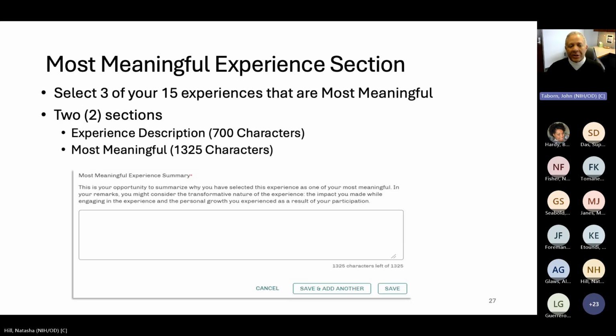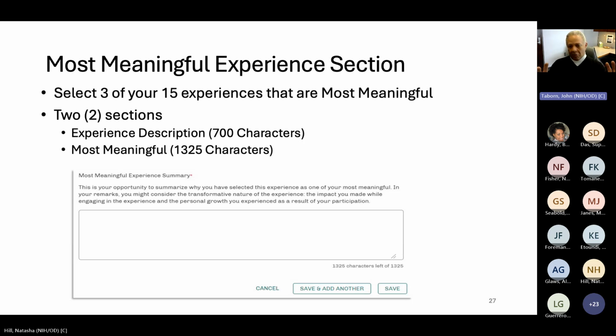That's called experience description. You're basically describing what you did in that experience. You don't really have to go into what you learned, but more what you did, the nature of that experience, and what that's going to be. Secondly, you have an additional 1,325 characters, and the word above it says most meaningful.